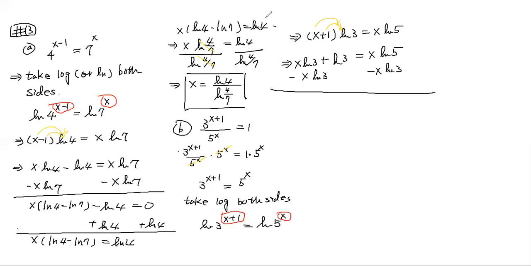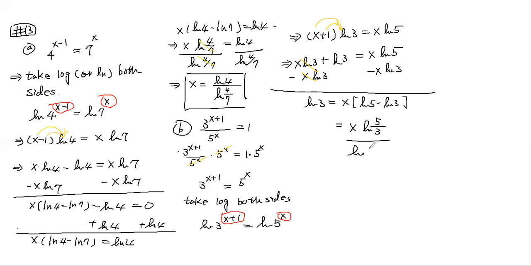So on my left-hand side, this one cancels. So I will just have natural log of 3 is equal to x times (natural log of 5 minus natural log of 3). If you like, you can simplify a little bit. Natural log of 5 minus natural log of 3 is natural log of 5 over 3.